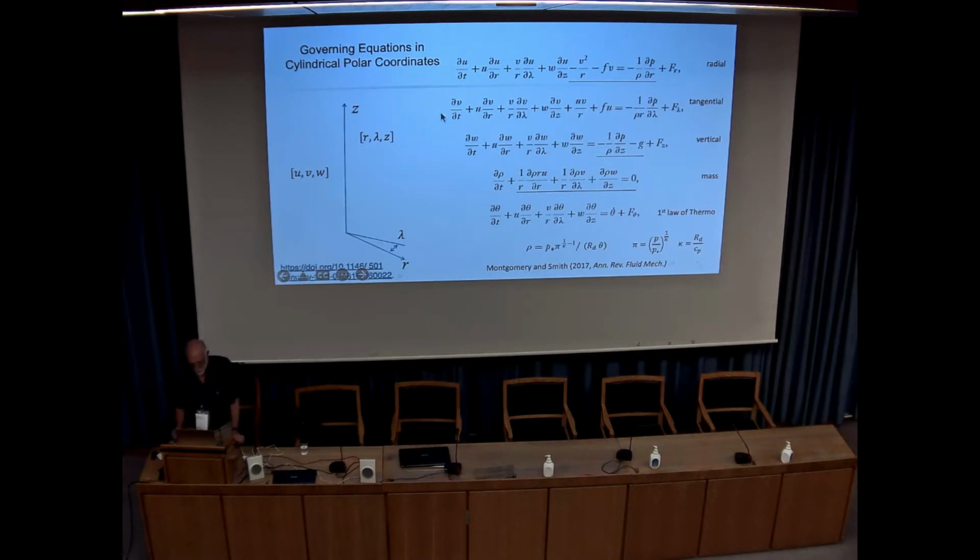This one here is the tangential wind equation. It governs the circular flow. The vertical wind equation. This is the conservation of mass. And this is the first law of thermodynamics written in terms of the potential temperature. And definitions of density in terms of these variables are given down below. Here's pi again and kappa.